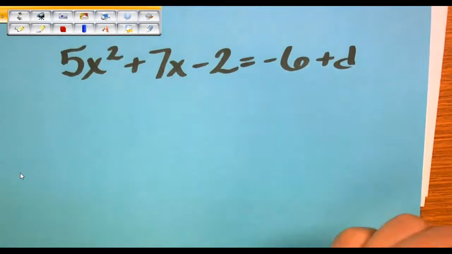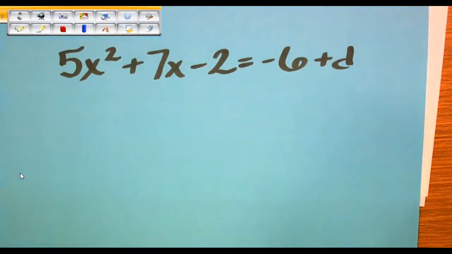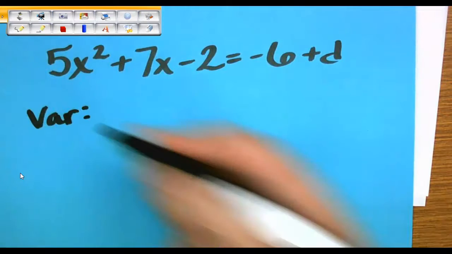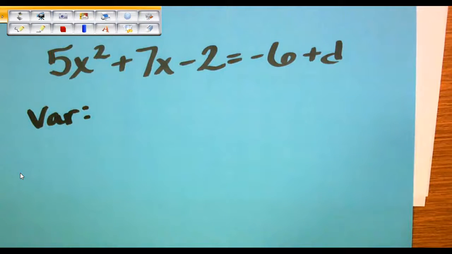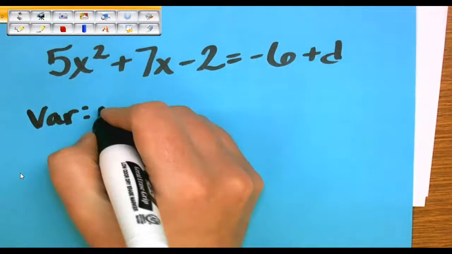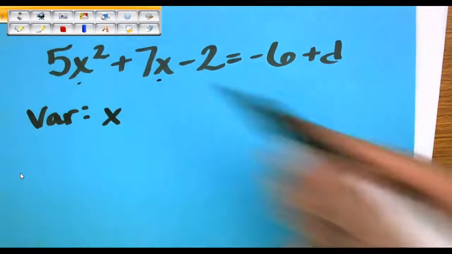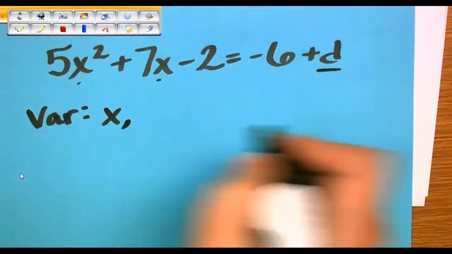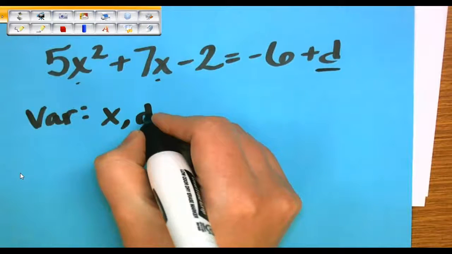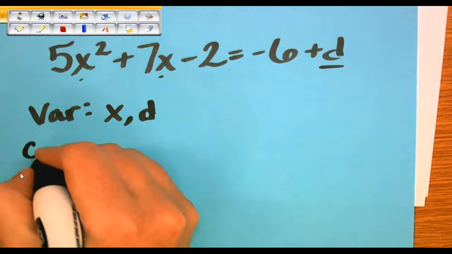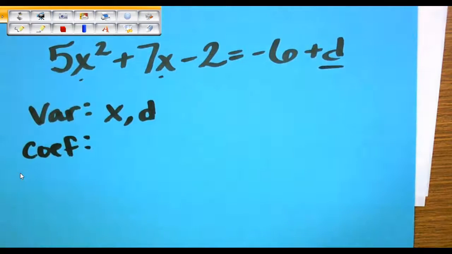Okay, last problem that we're going to go over today, guys, and we're going to be trying some on our own. So variables, what are they? They are my letters. So I have two X's. I don't need to write it twice, just once. And D. So two variables. Once you get your variables, then do your coefficients.